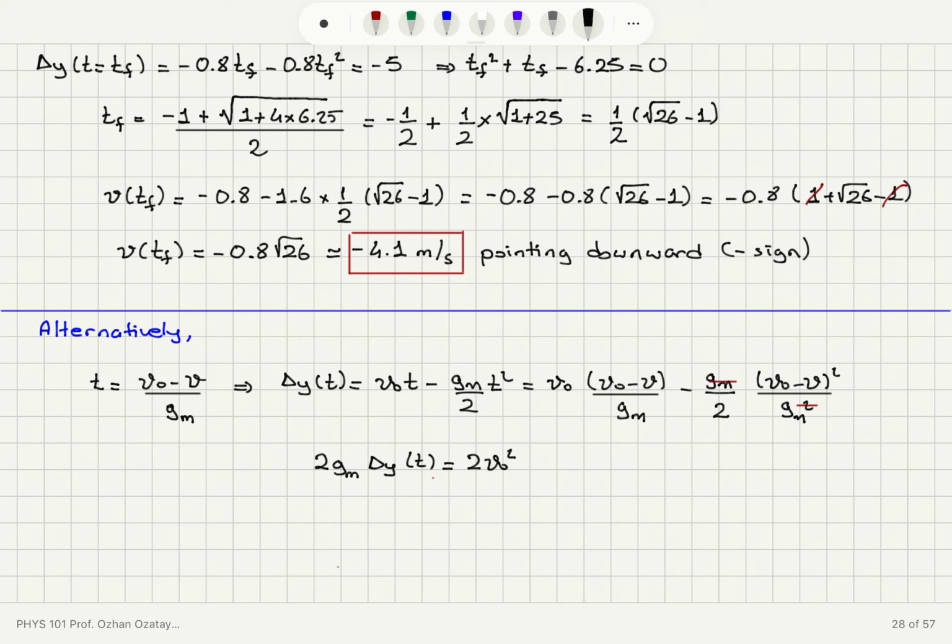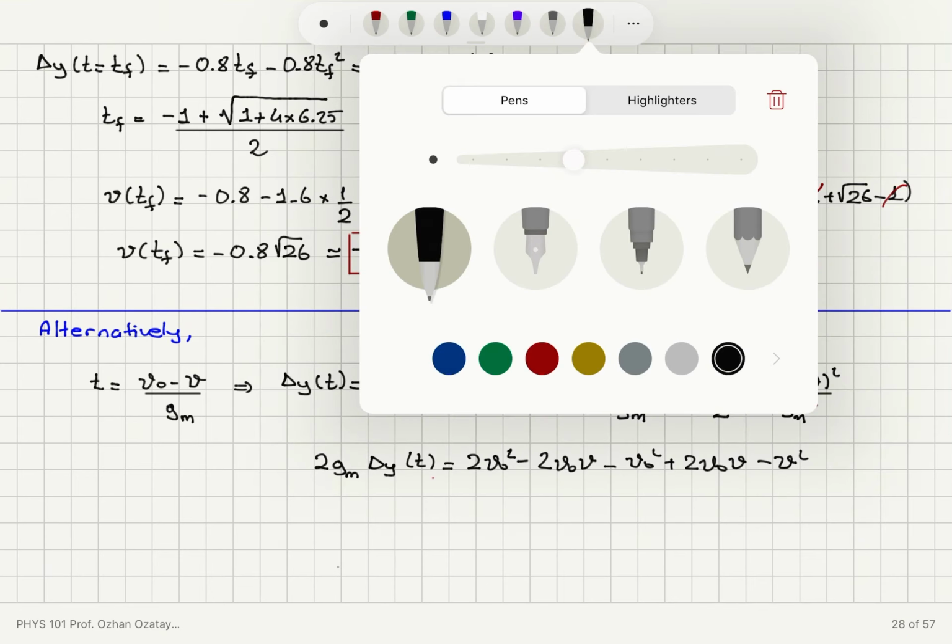2v0 squared minus 2v0v. So basically I'm multiplying this by 2gm, and then I have minus v0 squared plus 2v0v minus v squared. If you open this up, you get v0 squared minus 2v0v plus v squared, but because of the minus sign here, this is what we will obtain.